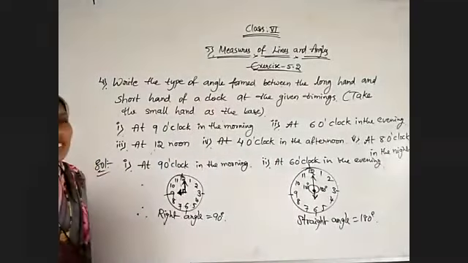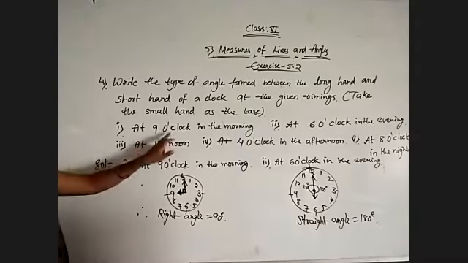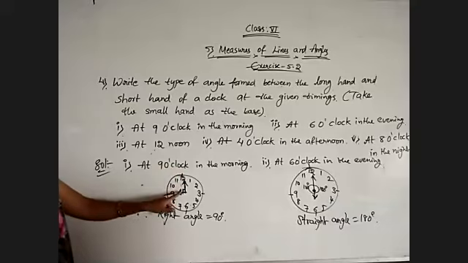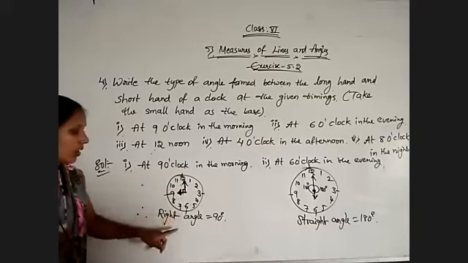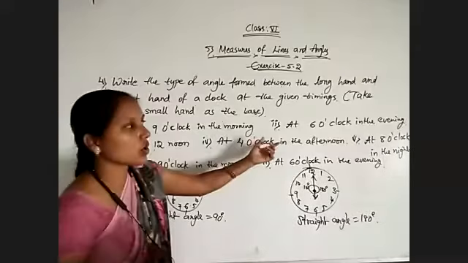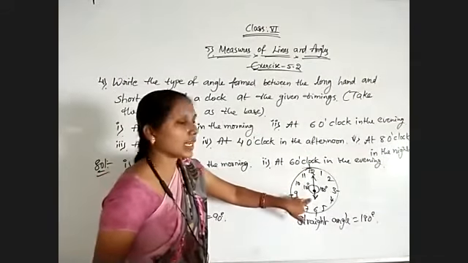Just observe once. At 9 o'clock in the morning, the hands of the clock are maintaining the angle 90 degrees, so a right angle is formed. At 6 o'clock in the evening or any time, you will get a straight angle only.